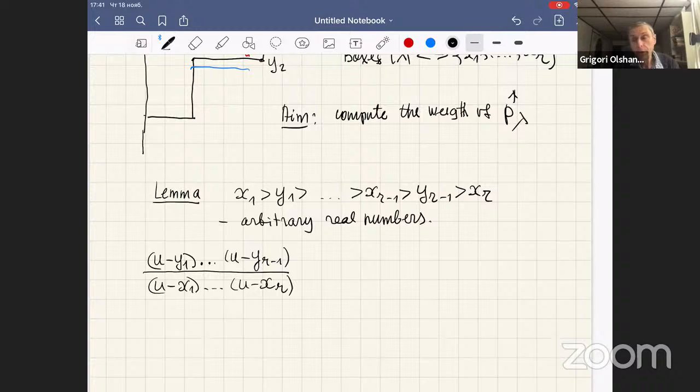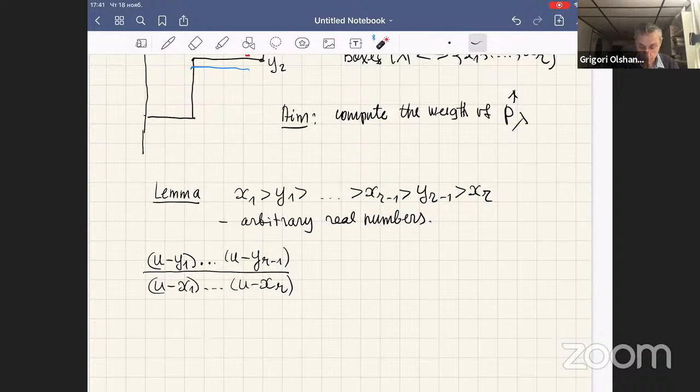And take its expansion in partial fractions. It's possible because we assume that the x's are pairwise distinct.